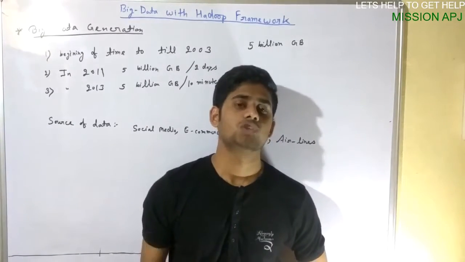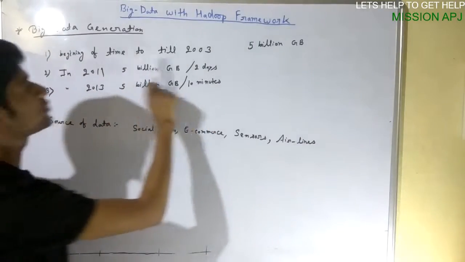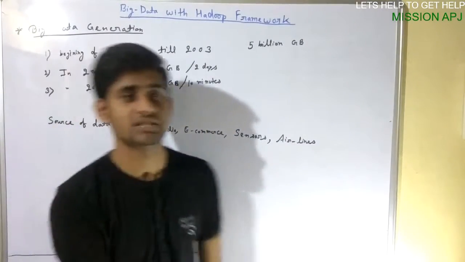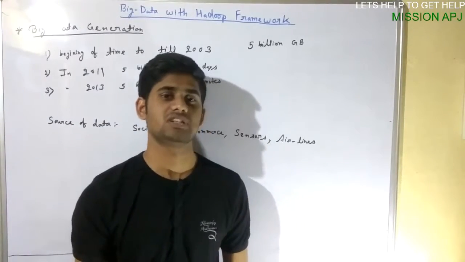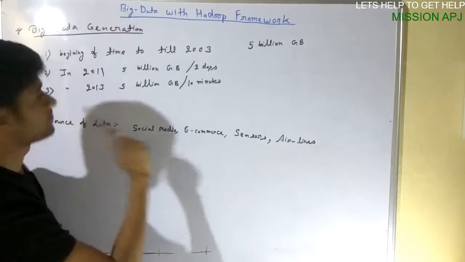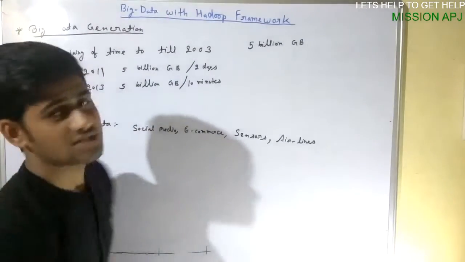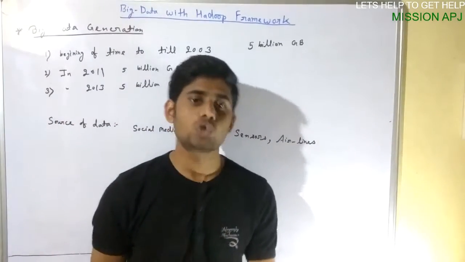Let us understand how big data has been generated till now. From the beginning of time till 2003, 5 billion GB, that is gigabytes, of data had been generated. Again, in 2011, 5 billion GB of data was generated per 2 days.